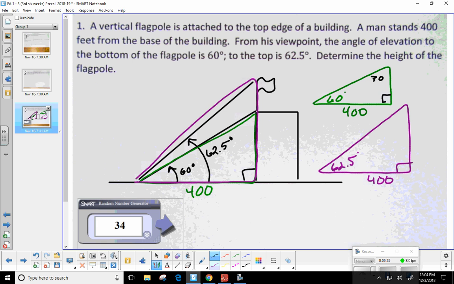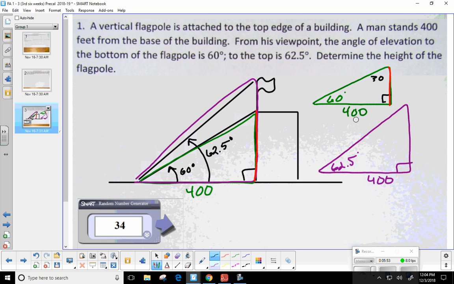Now, the height of that triangle in green actually represents what in my diagram? The height of the building. So if I highlight this height, that's the height of the building, right? This is something we're about to discuss: how to figure out the sides of a special right triangle if you're only given one. The side across from 30 is always my smallest side.